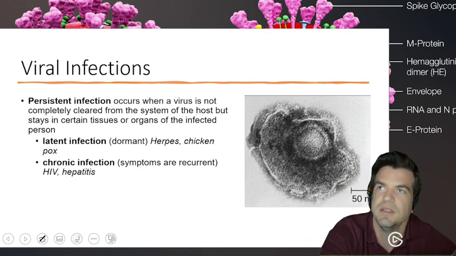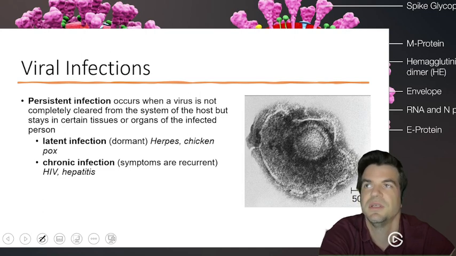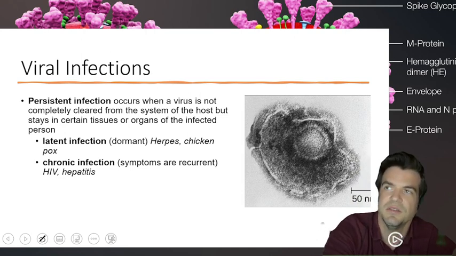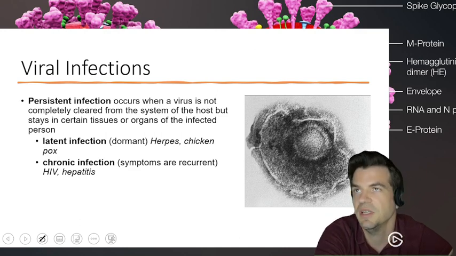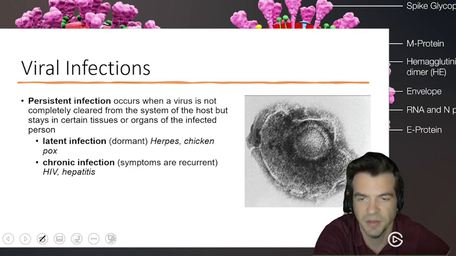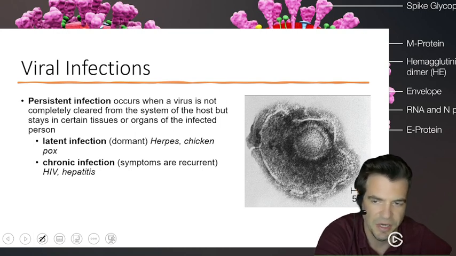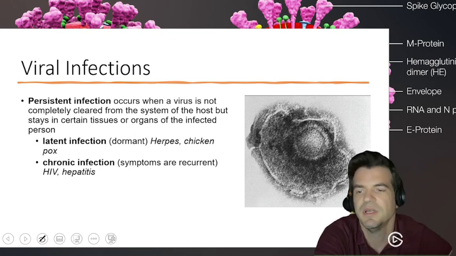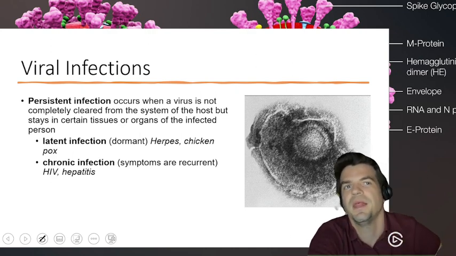While they're both persistent, chronic means that they're kind of recurrent, whereas latent means it's a dormant disease, and herpes can come back at any time. Chickenpox can come back as shingles later on, whereas with HIV you're suffering through it chronically, like with hepatitis as well.